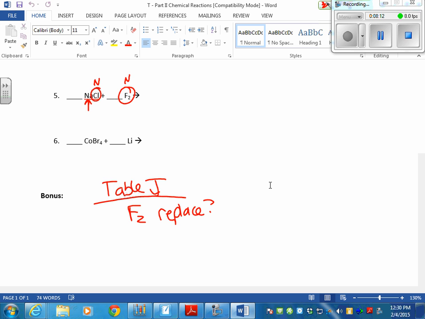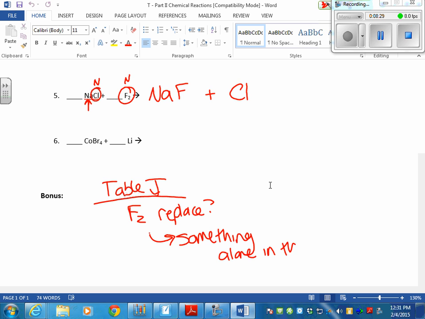So that means that sodium is going to end up with fluorine, and chlorine is going to end up alone. Okay, so that's if you have something alone in the non-metal column.